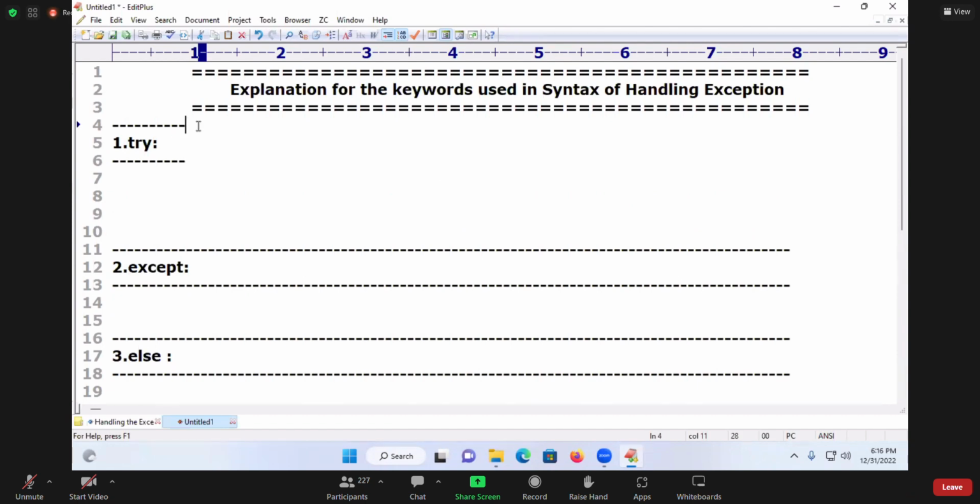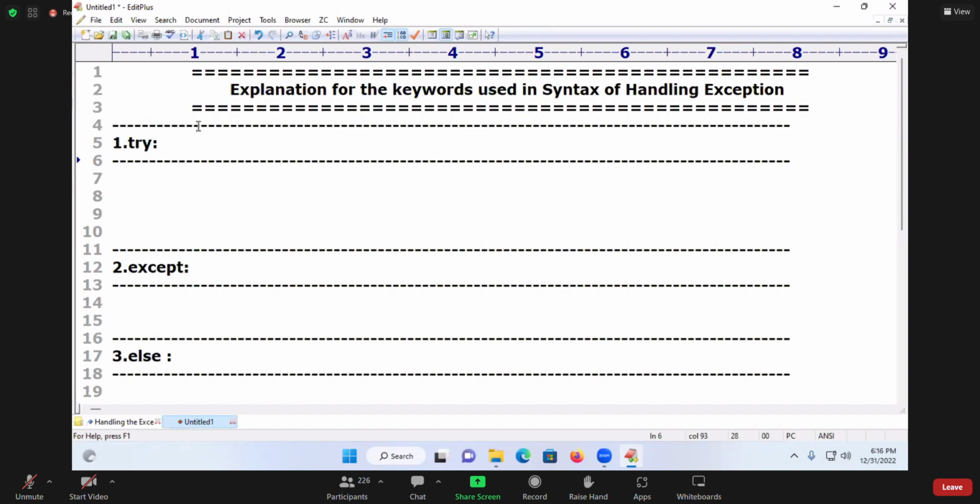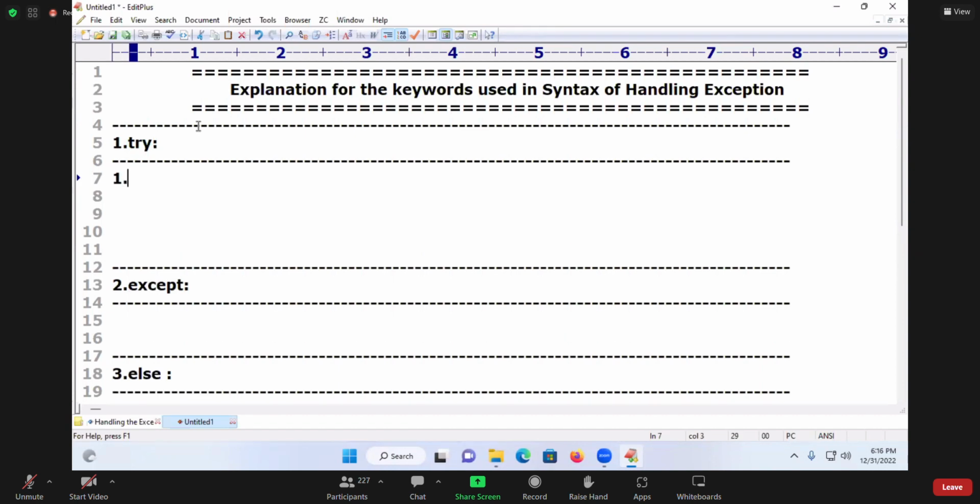So let me start with the first block, students. Try block. What did you understand about the try block, ma? Come on, students. Number 1, first point I am writing.